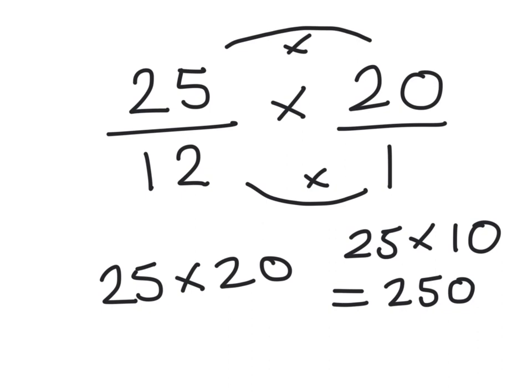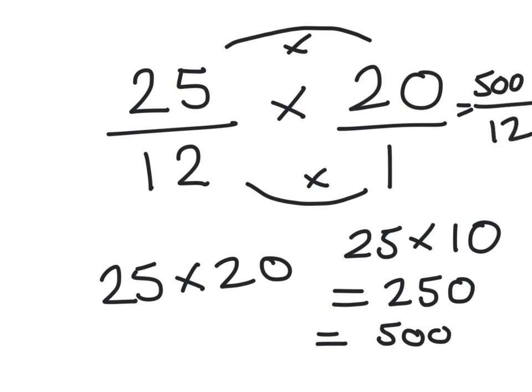What we actually want is 25 times 20, and because 20 is double 10, we just need to double that answer to give us 500. So our answer there will be 500. And 12 times 1 is simply 12. That gives us a raw solution of 500 over 12. So now we need to work out how to turn that into a number that actually makes sense in the clinical context.